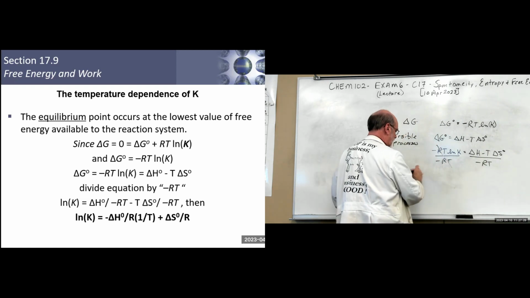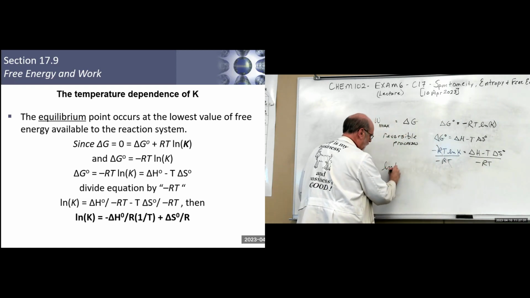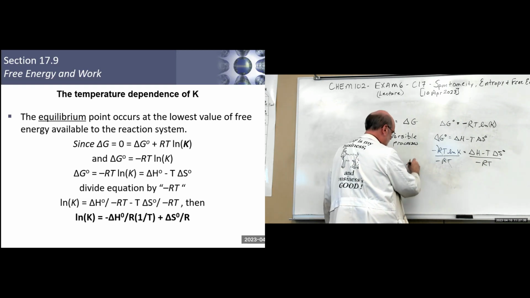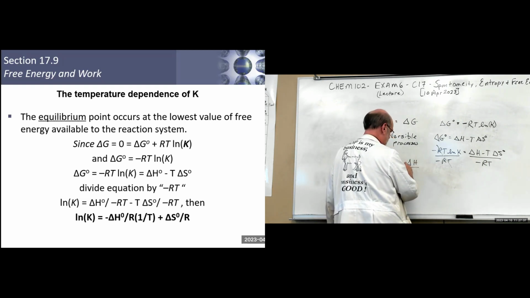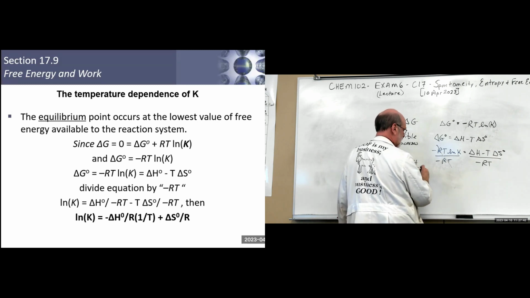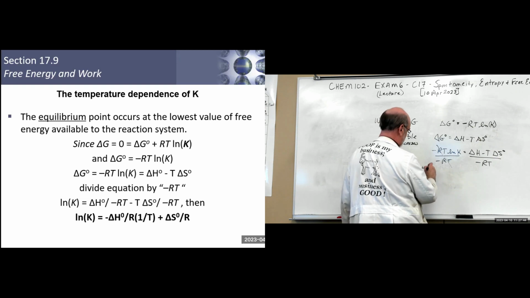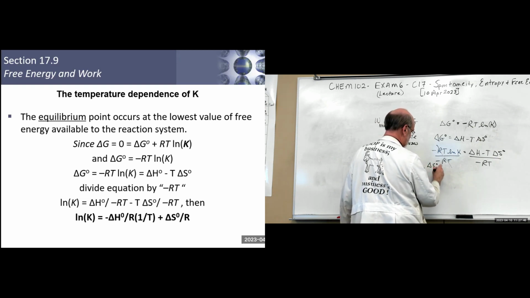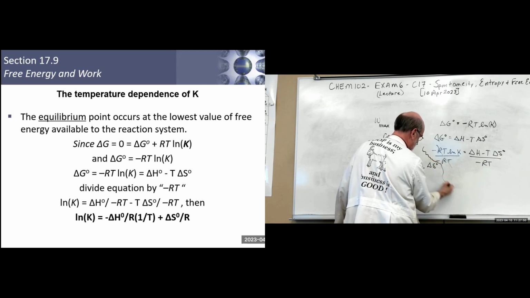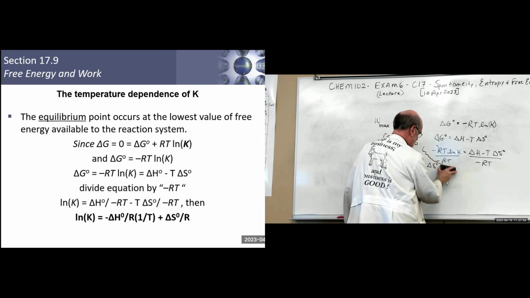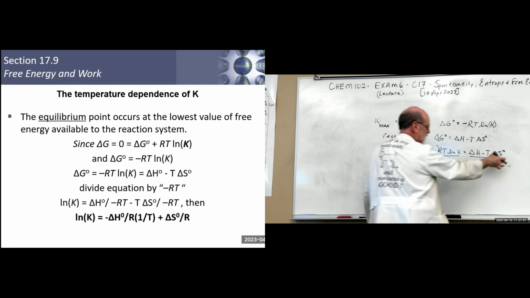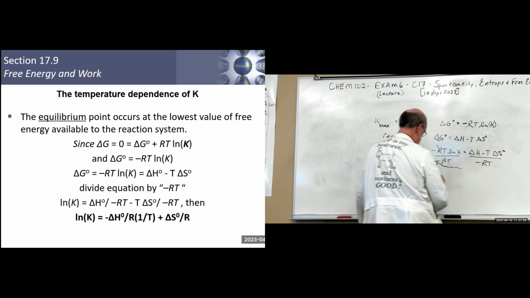Well, these terms drop out and we get log K is now equal to negative delta H over RT, and then a positive delta S over R.